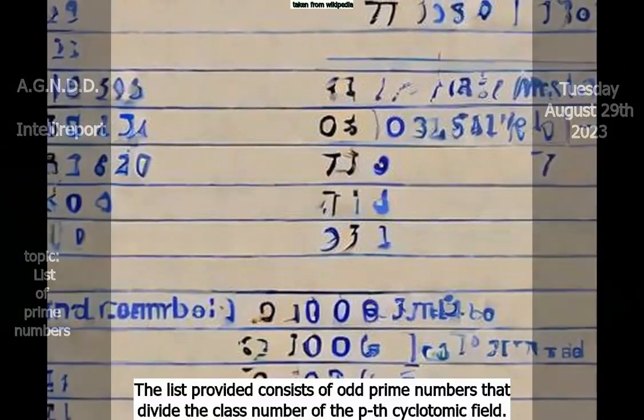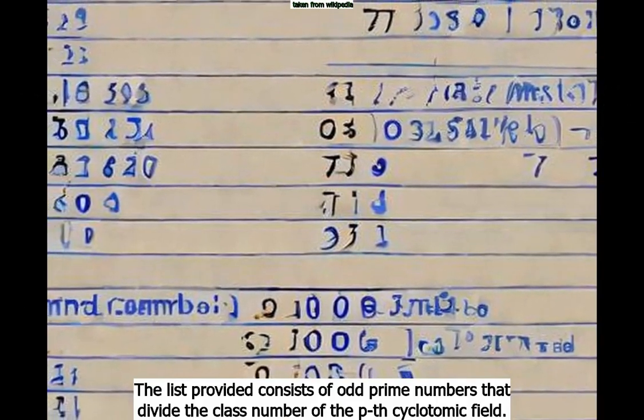The list provided consists of odd prime numbers that divide the class number of the p-th cyclotomic field.